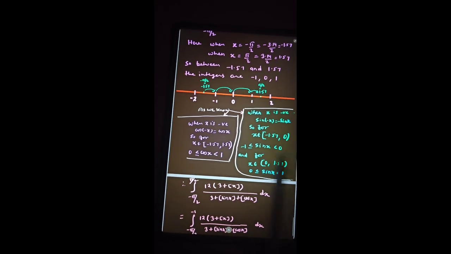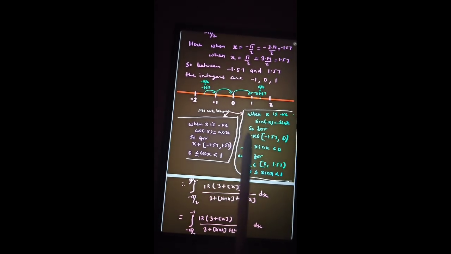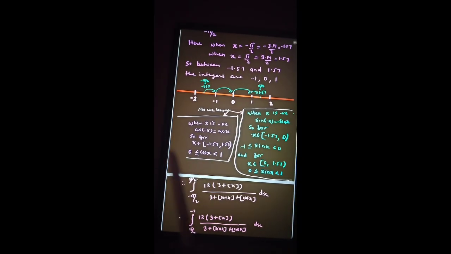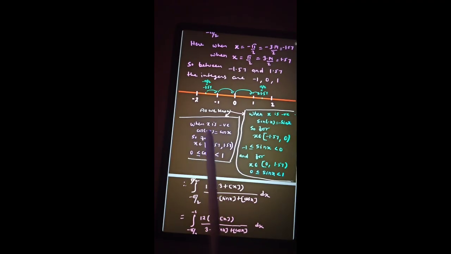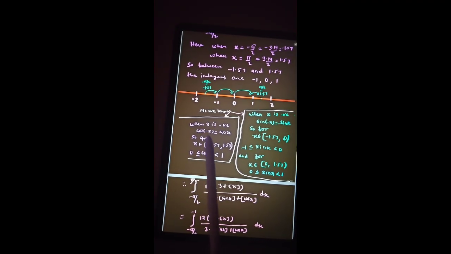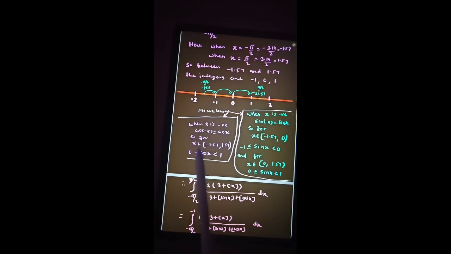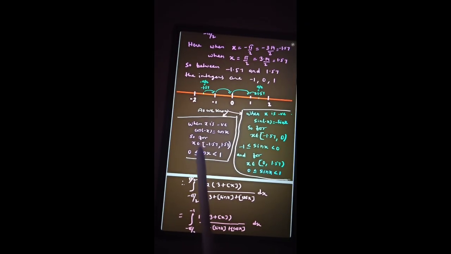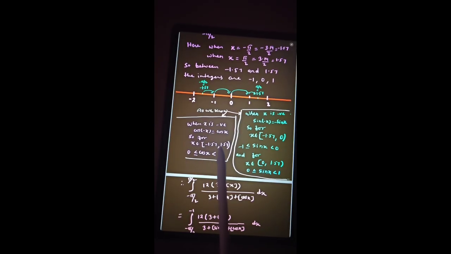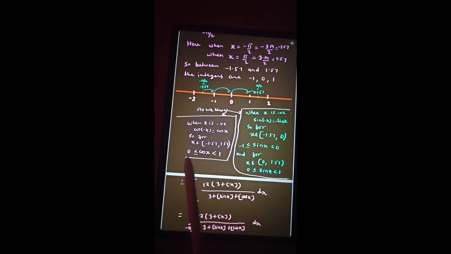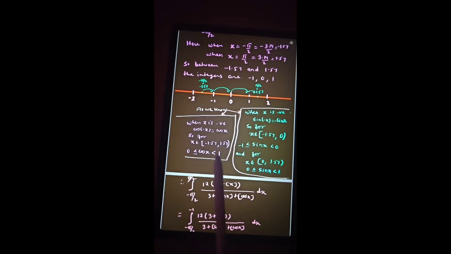Now one more thing, we will discuss the nature of sin x and cos x, so that we can deal with the greatest integer function of sin x and the greatest integer function of cos x. As we know, cos of minus x is again cos x, which means it will give you a positive value throughout. So if x lies between minus 1.57 and 1.57, cos x will be greater than or equal to 0 and less than 1.